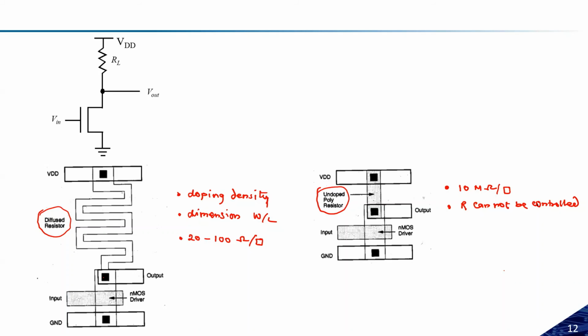But in the undoped polysilicon resistance, you cannot control it, since the dimensions are fixed. So this is the benefit and the drawback of both kinds of resistance designing. Okay, so this is all about the resistive load inverter circuit.